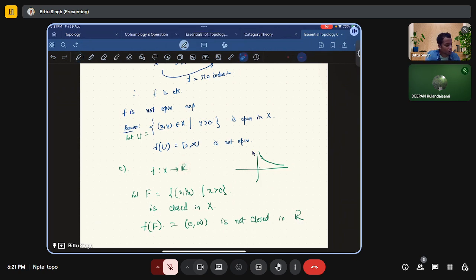So we have chosen a closed set whose image is not closed, right? Therefore, f is not a closed map.